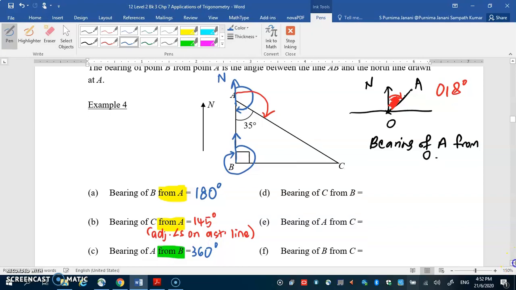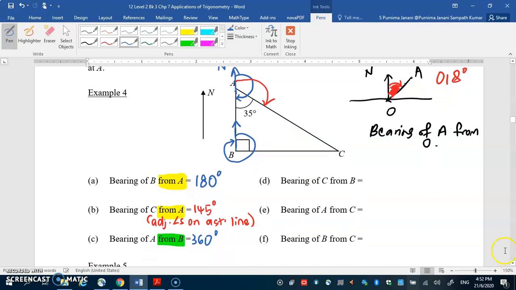Or you can also write it as 000 degrees, because basically the north is in line with the line AB. So 360 degrees or 000 degrees.